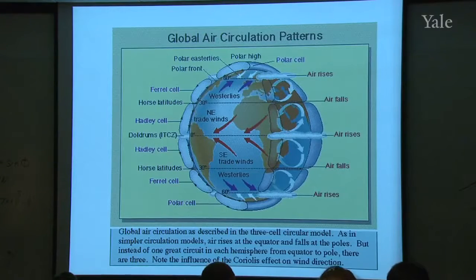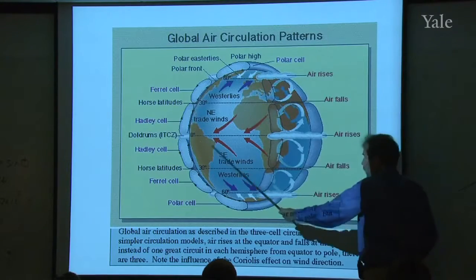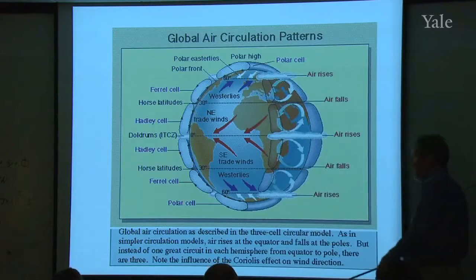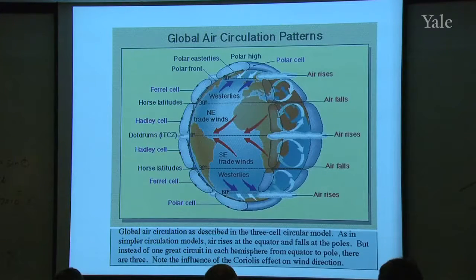In its most basic form, this is a very simple problem. You're just putting more heat in near the equator and taking more heat out near the pole, and the differential heating causes a circulation.